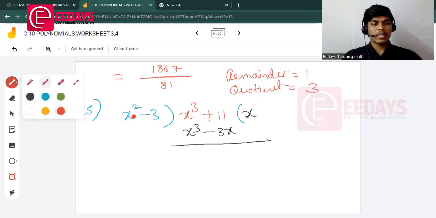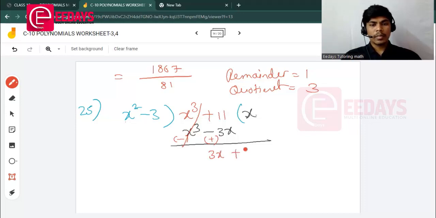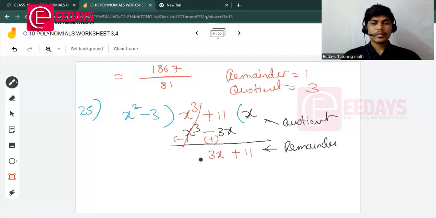Let us change the signs. Plus becomes minus, minus becomes plus. x cube minus x cube will get cancelled. 3x plus 11 we will get. Okay. x square is the highest power, that's why this is the remainder. And this is the quotient.